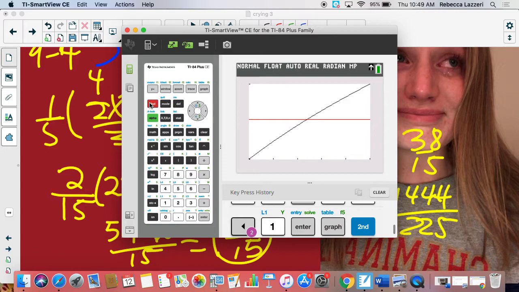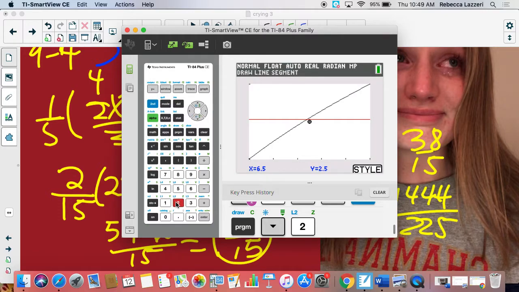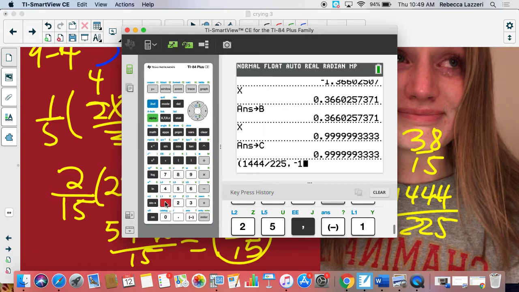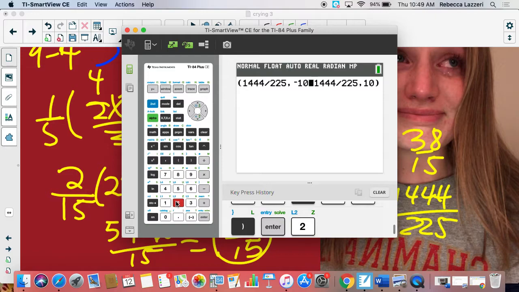Where is it? Second draw. Maybe I don't remember how to do it then.